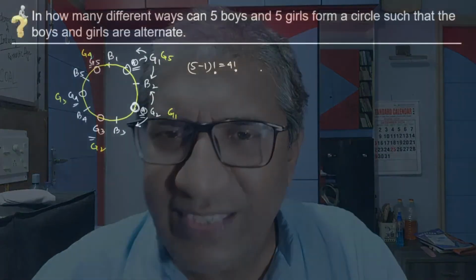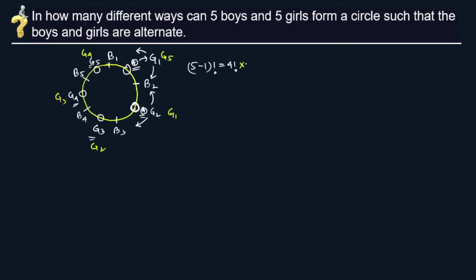So when the girls sit in these 5 vacant seats in between the boys, these 5 places and 5 girls will be arranged in a linear permutation way. Is it clear? So the 5 girls can arrange among themselves in 5 places in factorial 5 different ways.